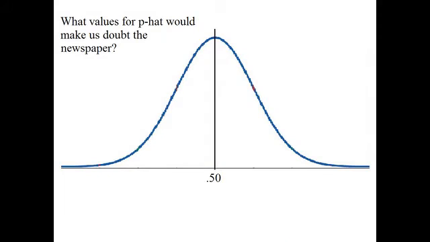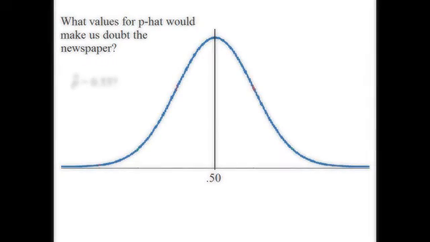So what values for P hat, our sample proportion, would make us doubt the newspaper? Assume we take a sample. We get an estimate for this percentage of people that want more funding for the space program, and we're going to compare this to what the newspaper said to try to find some evidence against the newspaper.